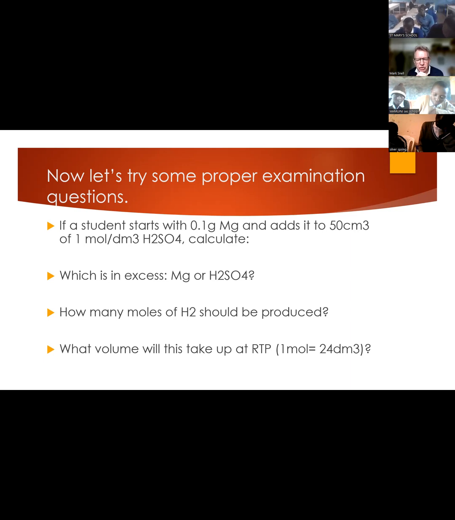So there's the question. 0.1 grams of Mg and add it to 50 of 1 mole per cubic decimeter H2SO4. Which is in excess? How many moles of hydrogen? What volume will that be? Okay, so that's the question. And I'll show you roughly how to do it first.